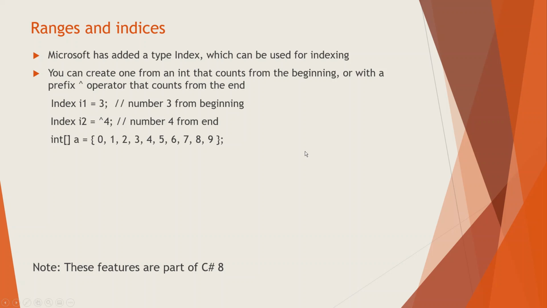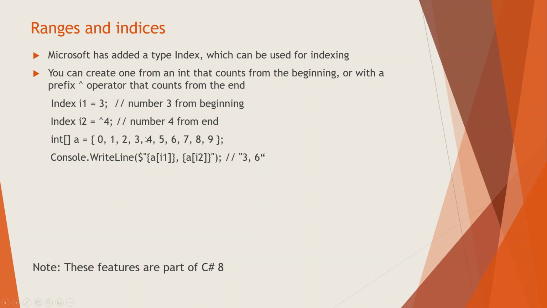If you have an array of integers a with elements 0, 1, 2, 3 up to 9, and then you put a Console.WriteLine with string interpolation, a[i1], a[i2], it will produce 3 and 6. Why 3?